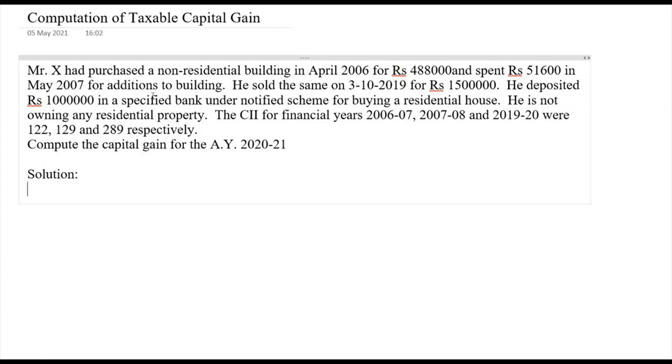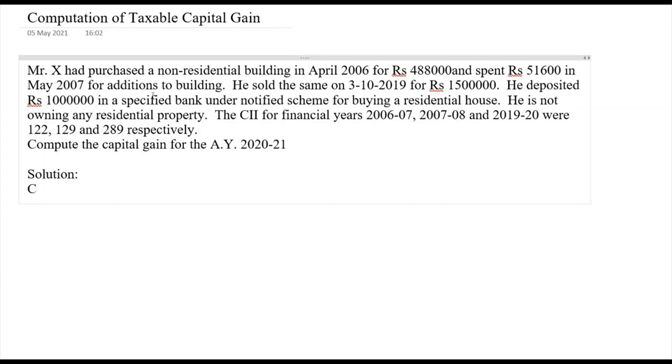He deposited rupees 10 lakhs in a specified bank under a notified scheme for buying a residential house. Here there is a sale of a non-residential building used for purchase of a residential building, so the assessee can claim exemption under section 54F. He is not owning any residential property.